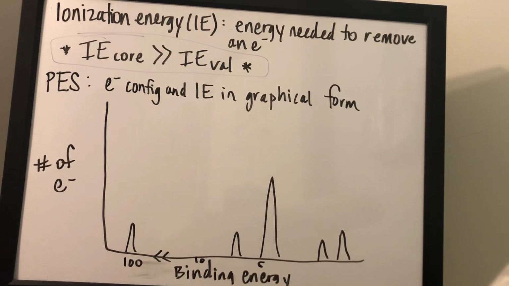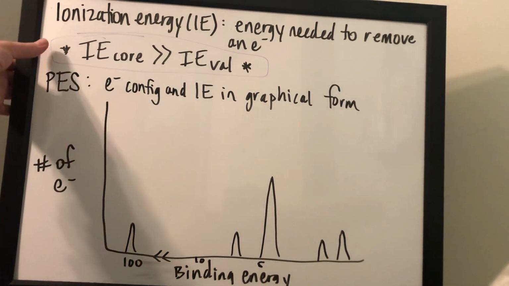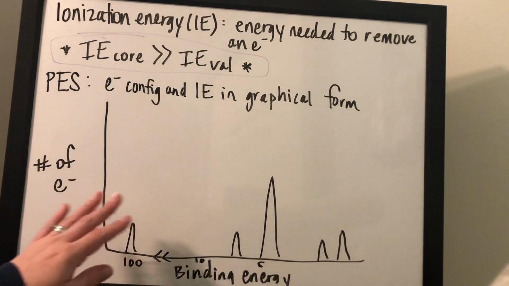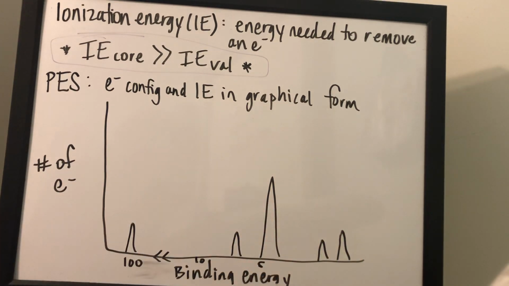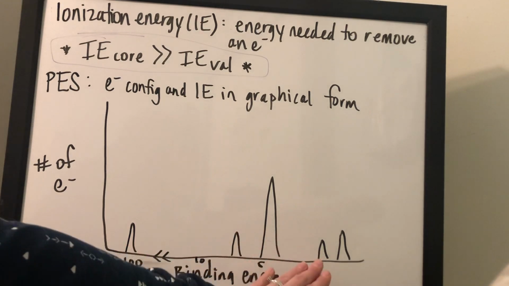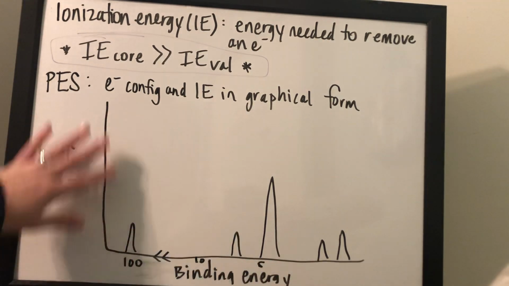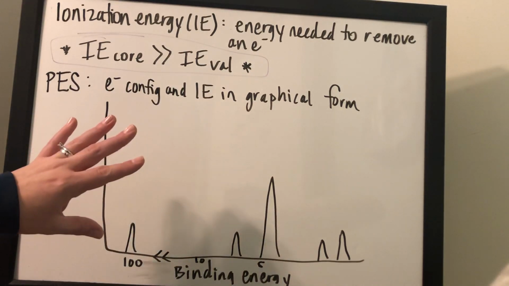Obviously core ionization energies are larger than valence, so the largest binding energy, these are going to be my core electrons. That's always what I do first, figure out my orientation and where my core and valence are. I know that because the core electrons are going to be the highest energy to remove, and the valence electrons are going to be the lowest energy to remove.